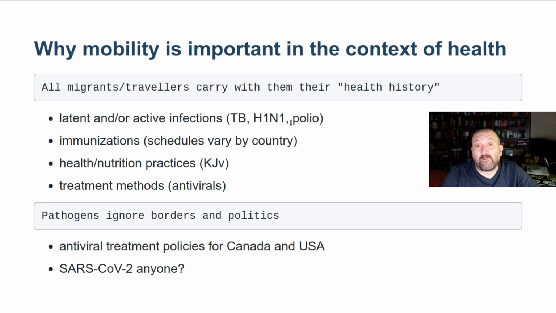H1N1, polio, HIV, etc. All these infections that you have, but also immunizations. What type of immunization, if any, is present in the country that you're coming from? And what is it in the country that you are in? So if, for instance, you go somewhere and there's no vaccination against measles, or it's very poor in terms of how often it is done, and you yourself are coming from a vaccinated region but you're not vaccinated, you're at risk of contracting measles and you can bring it back.